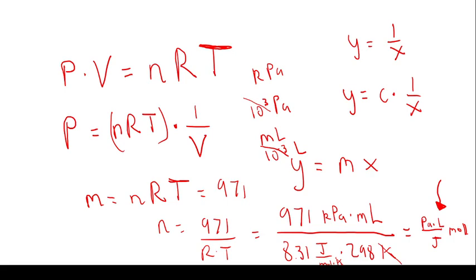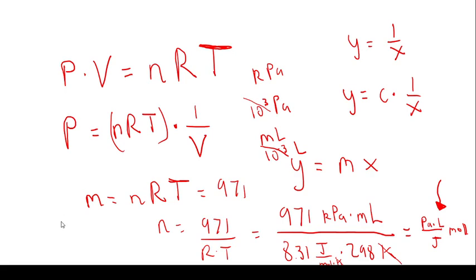Okay, so I know this is getting a little bit messy, but that means if we want to express this in SI units, we're going to have to change liters into 0.001 meters cubed.